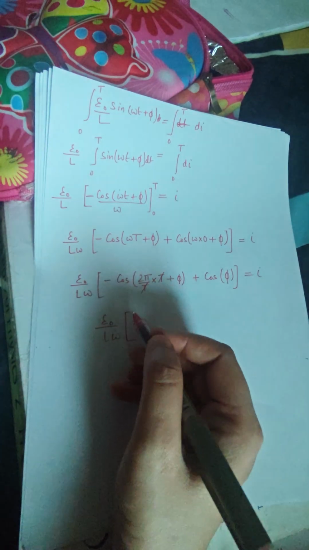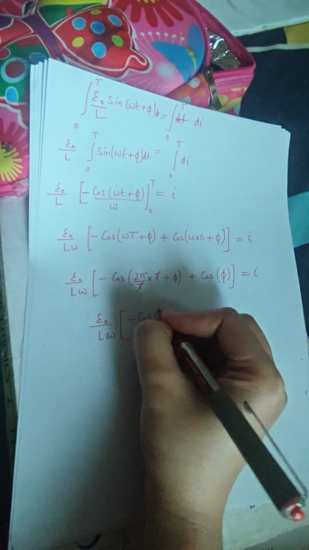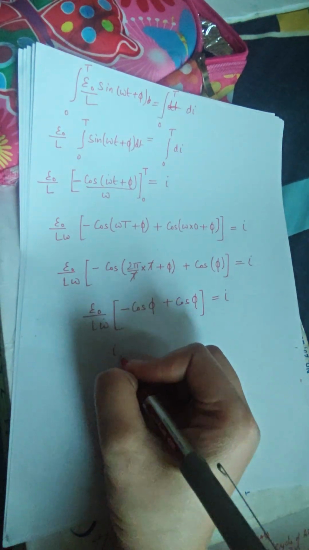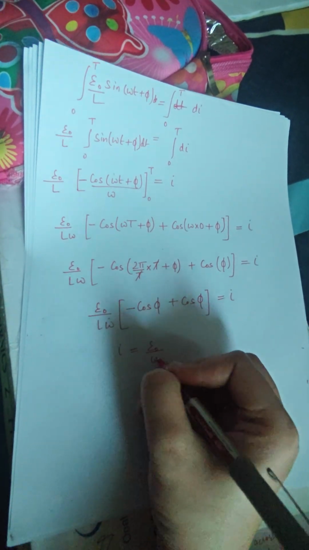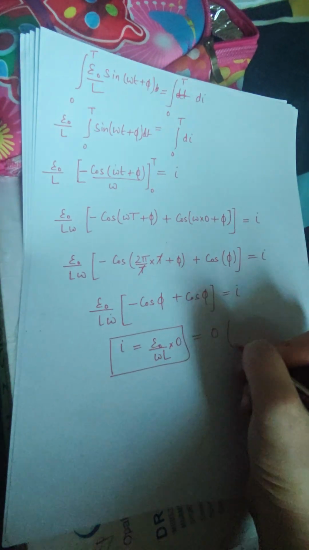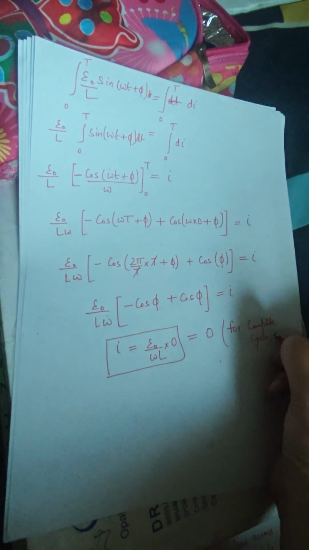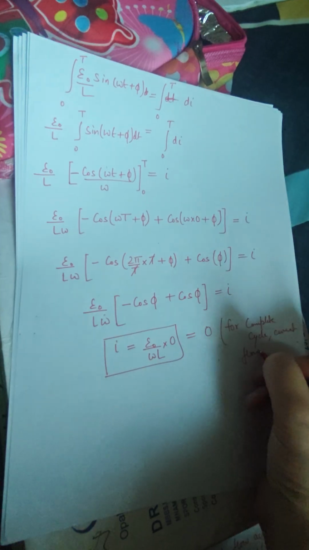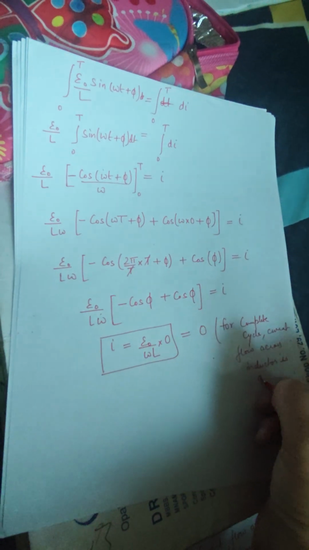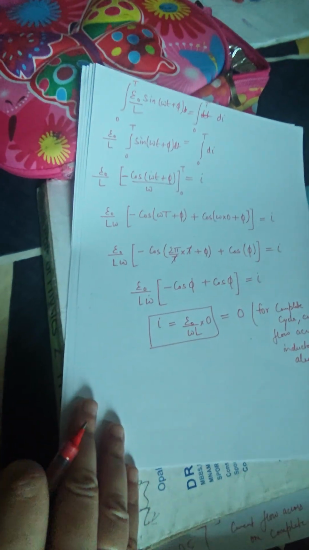Yes, this is 2 pi plus phi, so I can write it as cos 2 pi plus phi is cos phi, minus cos phi only, plus cos phi equal to I. So I is coming out to be E naught upon omega L into 0. That is for average, for complete cycle, current flow across inductor is also 0. इंडक्टर के अक्रॉस करंट फ्लो 0 आ रहा है.